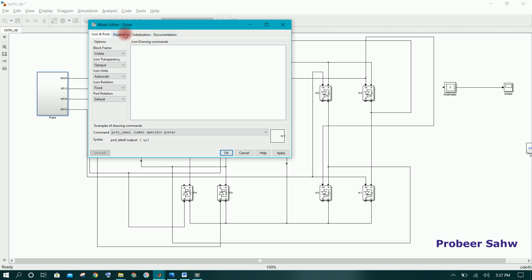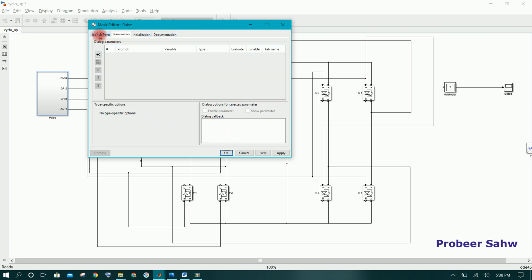Now there is one parameter which we want to change. We can go to this tab, parameters, and add a parameter.